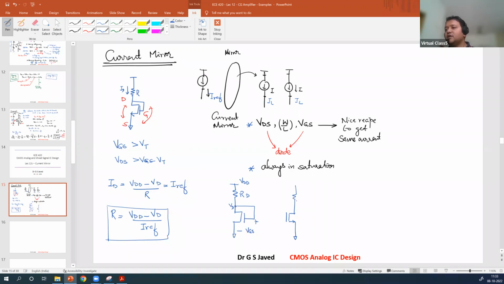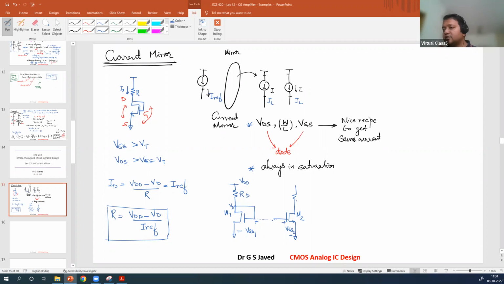If the aim is to get the same VGS in both places, I can just simply short these two. That will ensure that this gate supply is given here, and this source supply is given here.